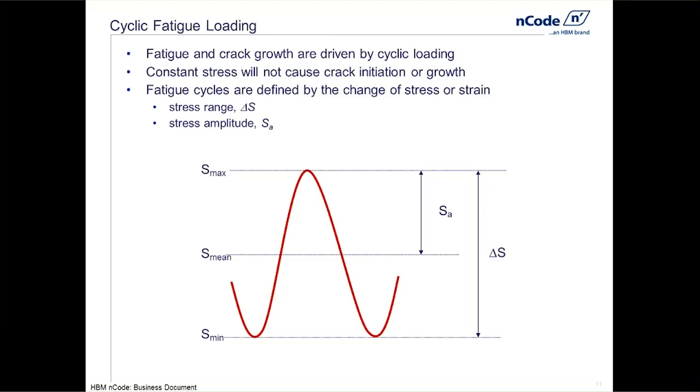The second most important factor is going to be the mean stress. And you can see that is literally just the mean, the average of the max and the min. The mean stress is the second most important driver in fatigue. We're not going to go into why that is today, but I just wanted to make mention of that. Today, the only thing that we're really going to look at is the delta S, that stress range.